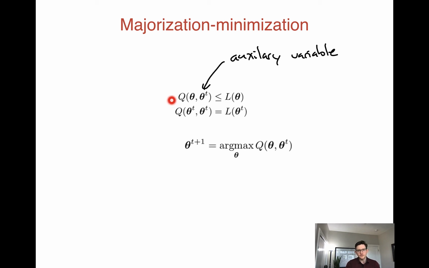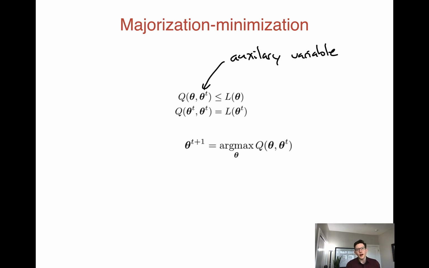We haven't defined what that function is, but let's imagine someone handed you a function like this. Then our optimization algorithm is going to be that at each iteration, we take the maximum of q with respect to theta with no superscript, that's this first argument here, of q theta theta t.